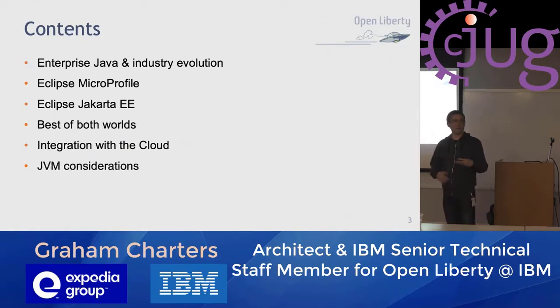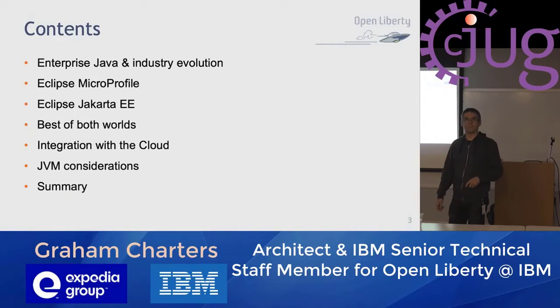Then I'll talk a little bit about JVM considerations, because not all JVMs are created equal, and then we'll have a summary, and then a bit of social and pizza maybe at the end. Feel free to go and get the pizza during. I don't mind if you get up. I prefer you not to walk out.